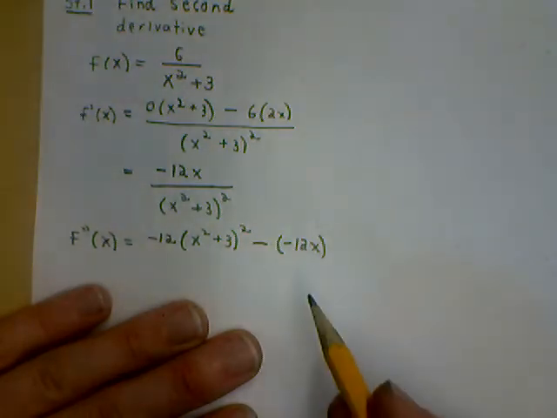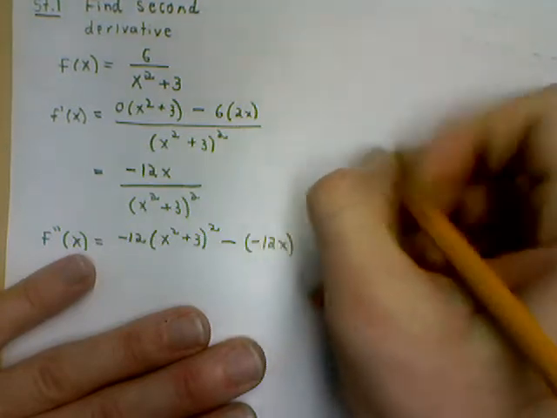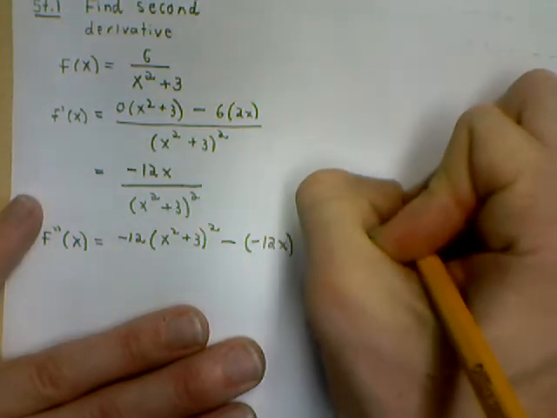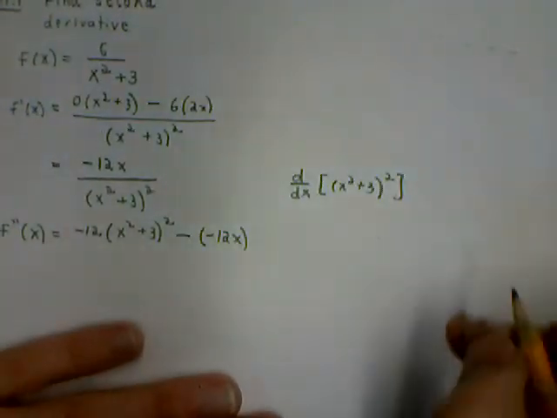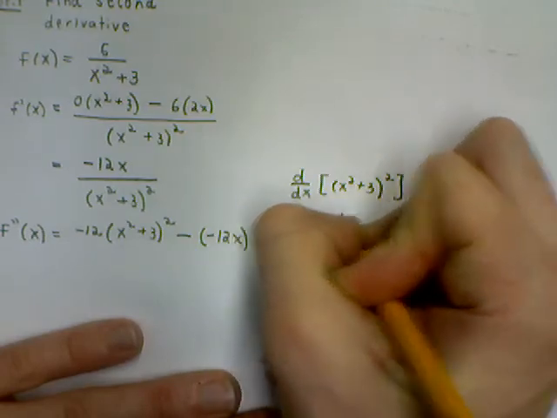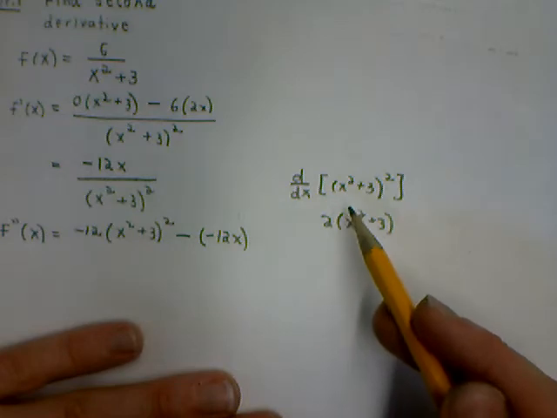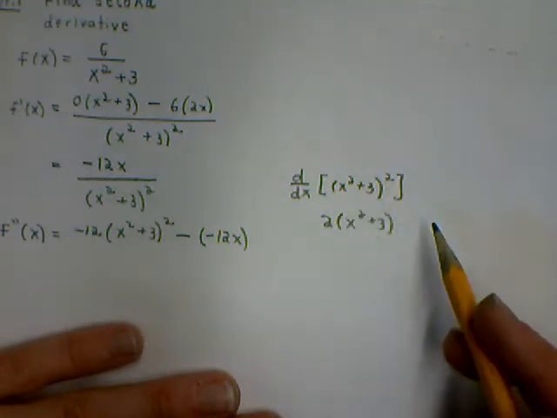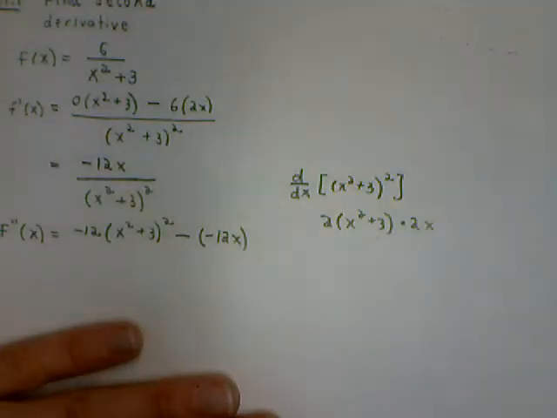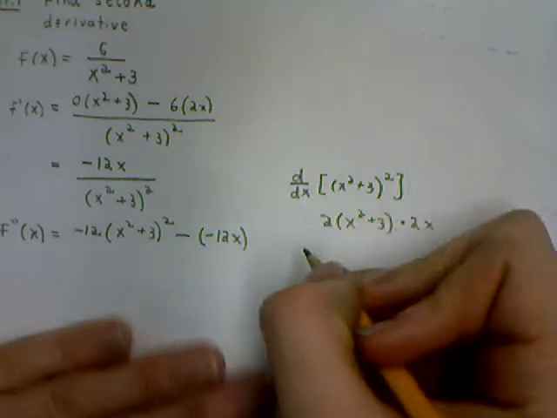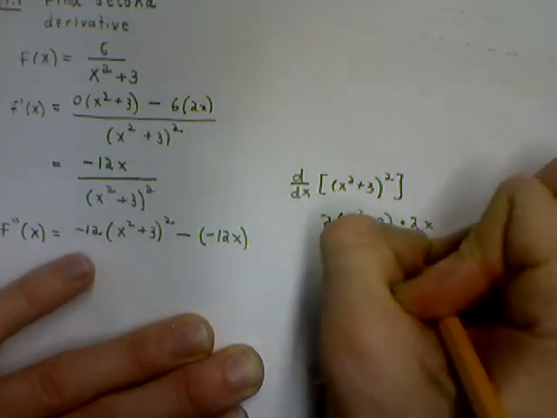Now, the derivative of the denominator, let's do that on the side real quick. So d/dx of x squared plus 3 squared is going to equal 2 times x squared plus 3 to the first power. I brought the 2 down. Now I apply the chain rule and take the derivative of the inside, so times 2x, which gives me 4x times x squared plus 3.